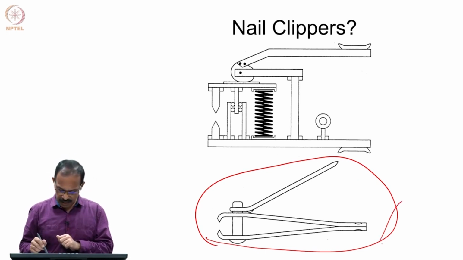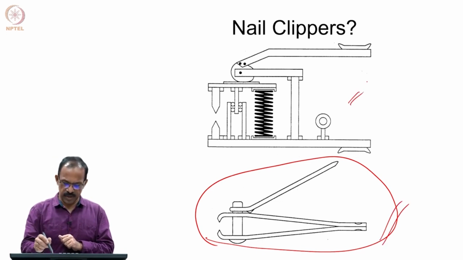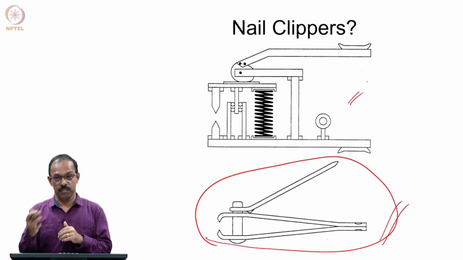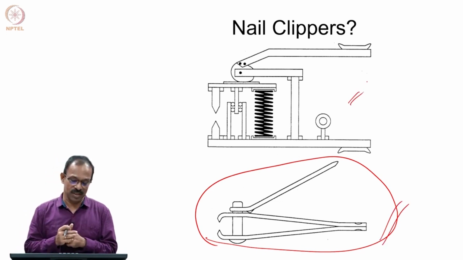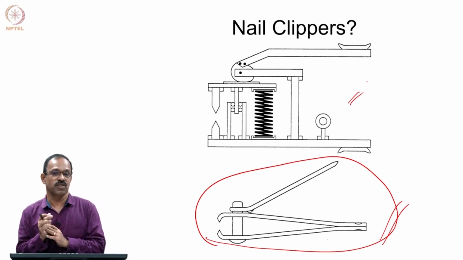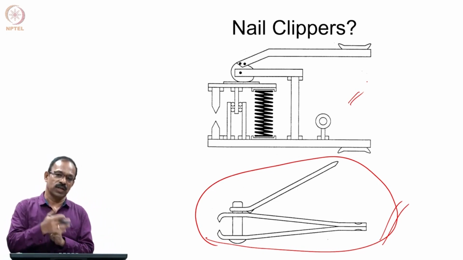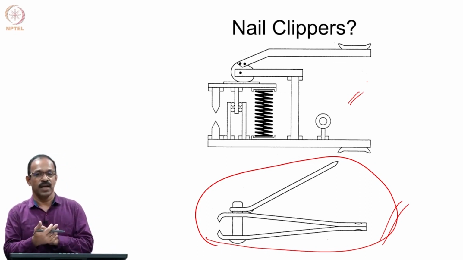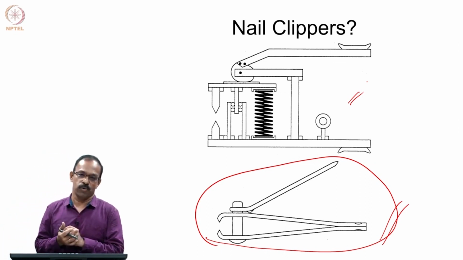So, that is the integral architecture and this is the modular architecture. And as I mentioned, most of the time a modular one is preferred, because the modules allow us to provide product variety.